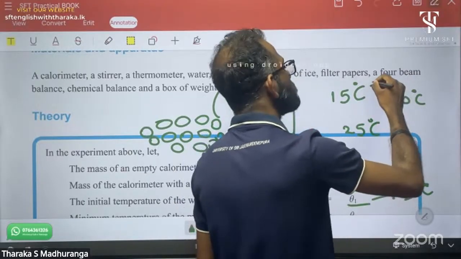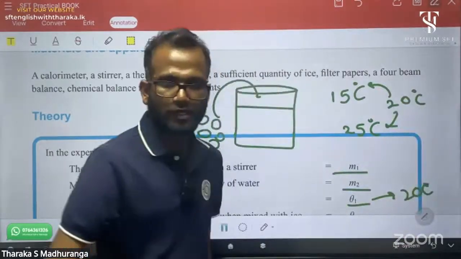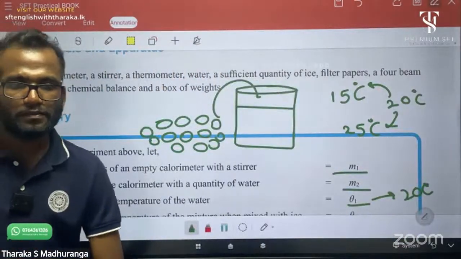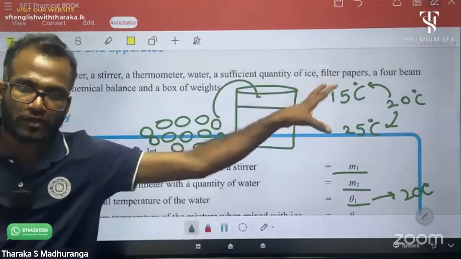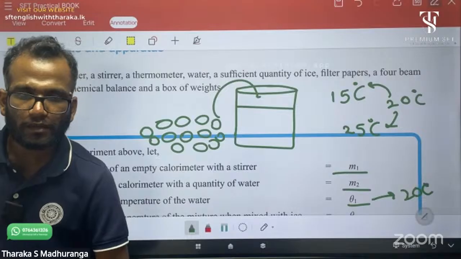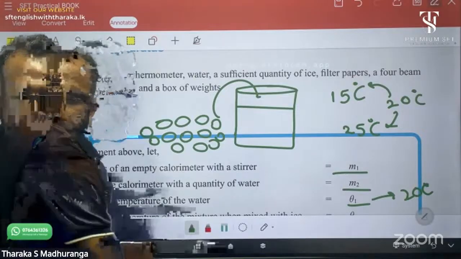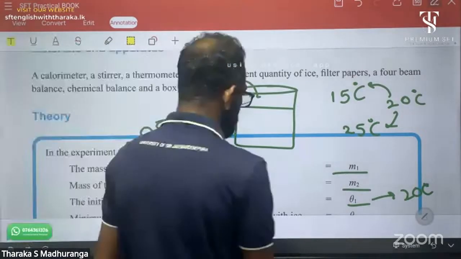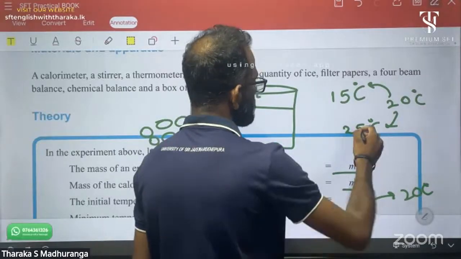Then in the cooling process, the heat absorbed equals the heat released in the heating process. This is for the previous one. Yes, the same theory. That's a trick we can use to avoid heat changes.